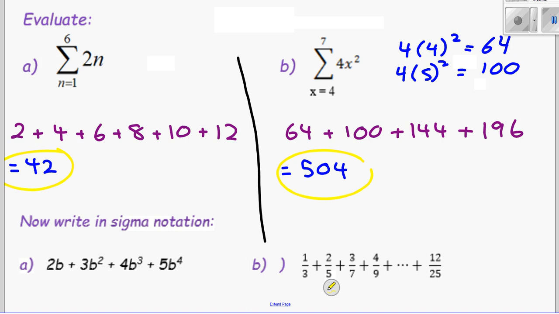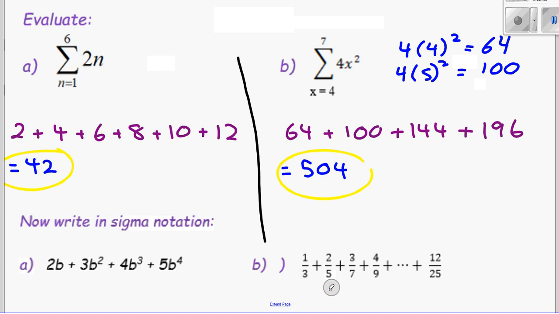Probably the most challenging thing is we need to work out what that is going to be. I guess we'd assume that's a first, a second, a third, a fourth. That's a first, second, third, fourth, fifth. And then we'd have to work out which term number that is.